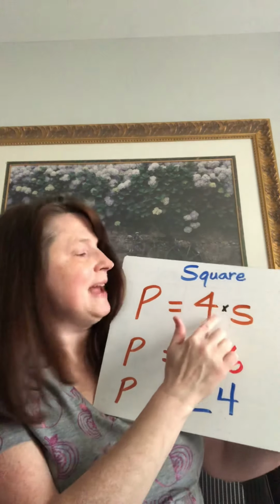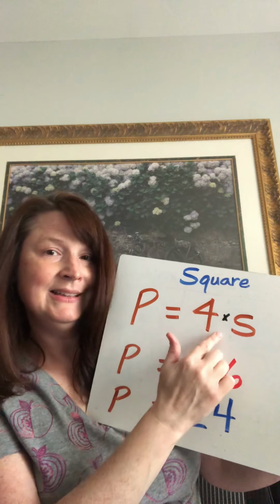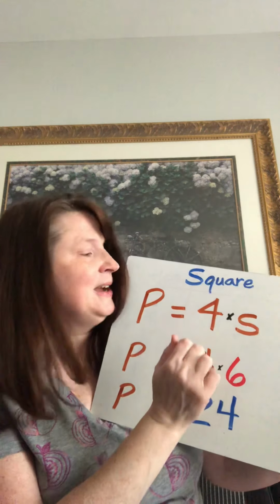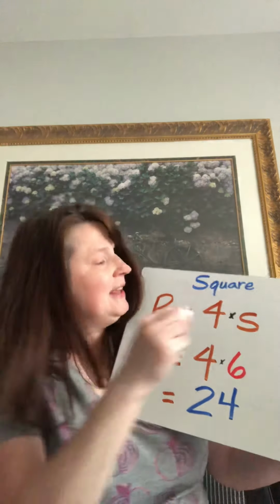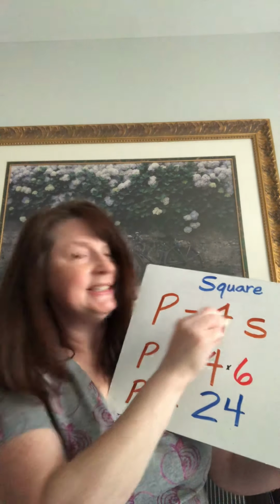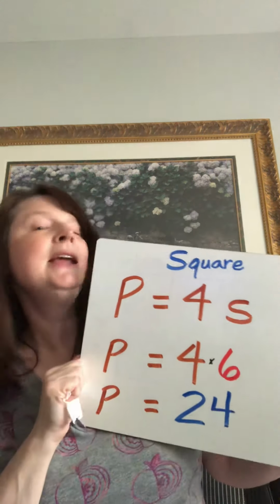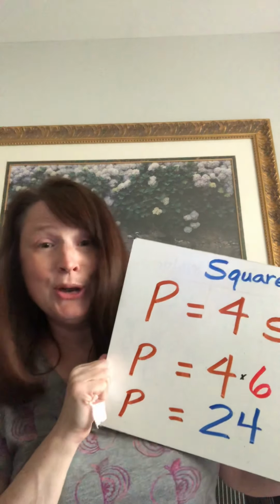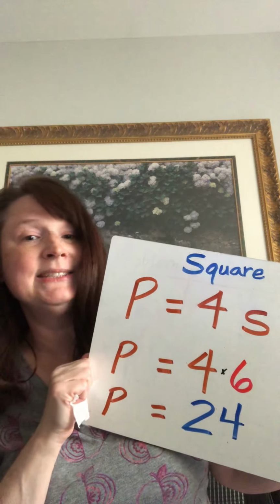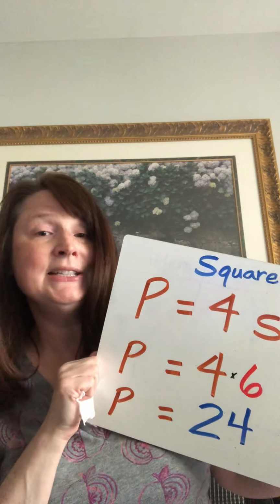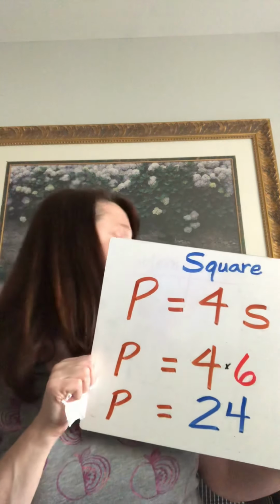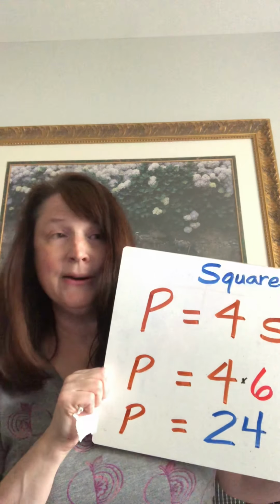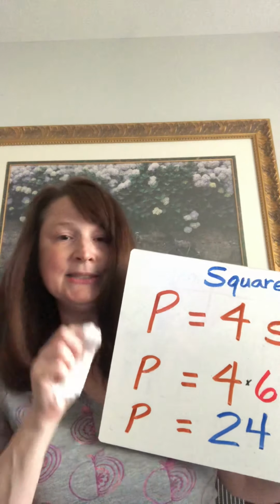Now again, I put a little multiplication sign in there, but truth be told, you're going to see it like this, and you're just expected to know that that's 4 times s, okay? So as you remember, the dimensions of the square, it was a 6 by 6 by 6 by 6 square.